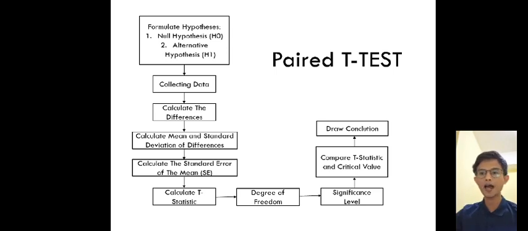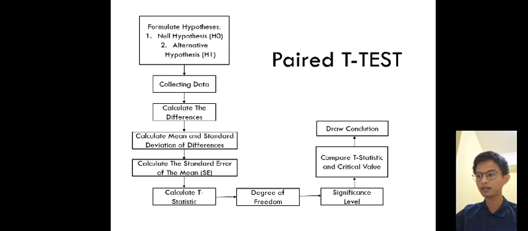This test is appropriate when the data involve pairs of observations, and it aims to determine whether there is a significant difference between the means of the paired observations.